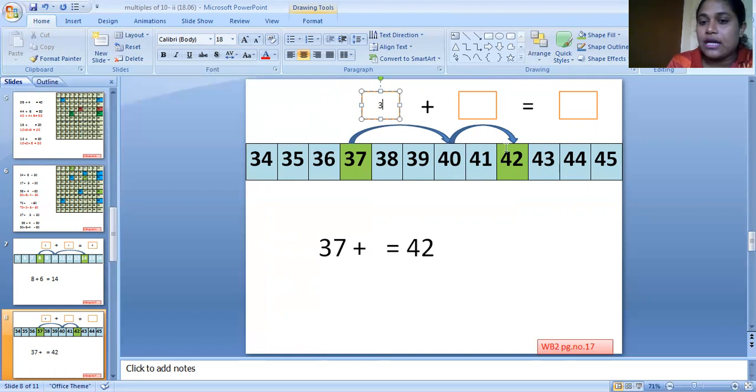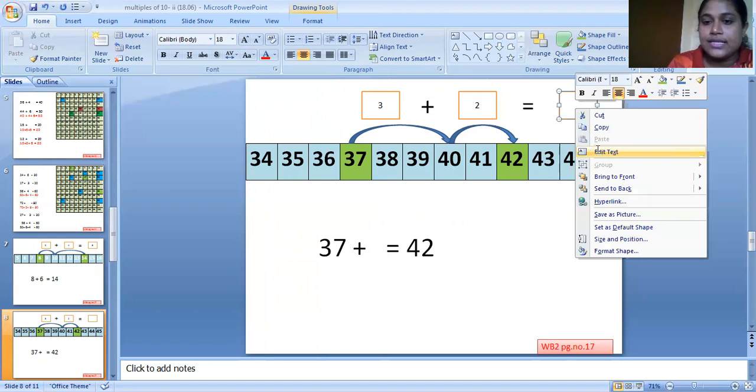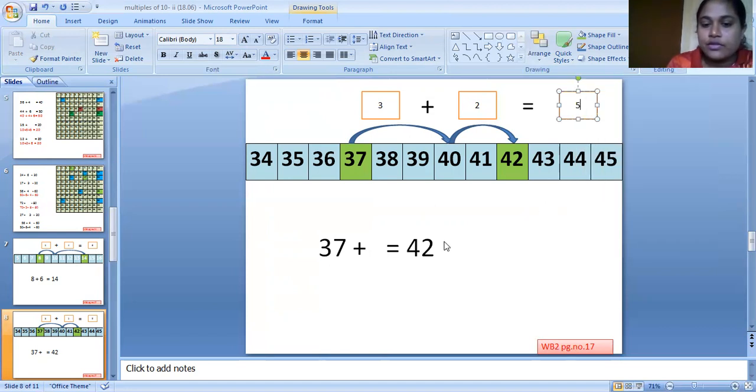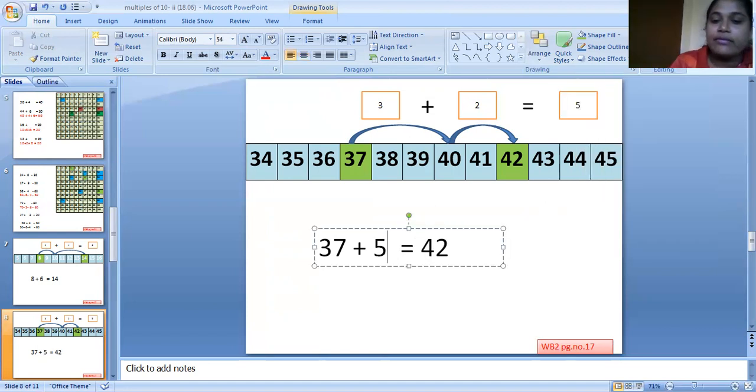And then I will jump to the answer. 1, 2. I have to jump 2 times. And here 3 plus 2, we know it is 5. So we can write here 5 as the answer. You can add these and check whether we have done it correctly, right? You can double check your answer.